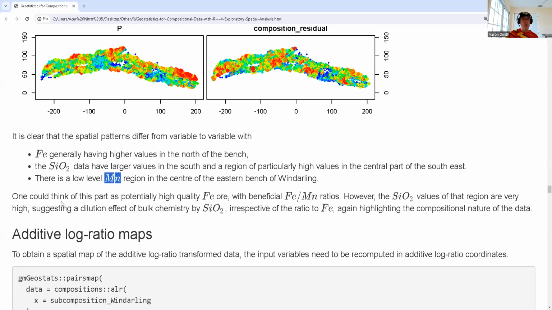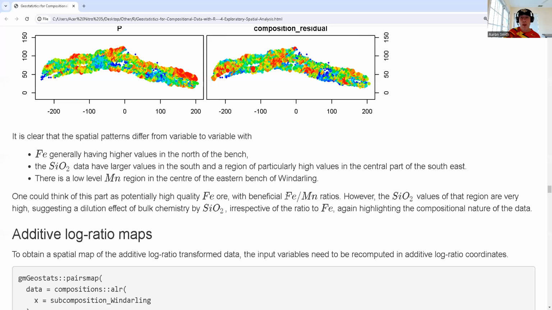All right, so one could think of this part as potentially high-quality iron ore with beneficial Fe-Mn ratios. However, the SiO2 values of this region are very high, suggesting there's a dilution going on in the bulk of the chemistry.